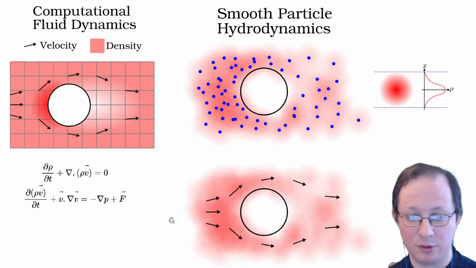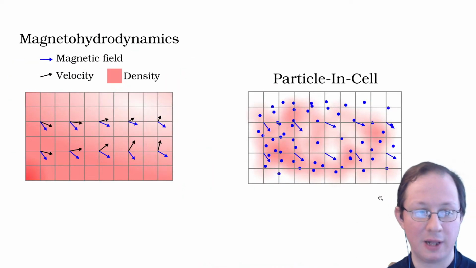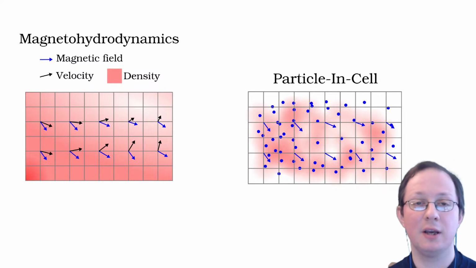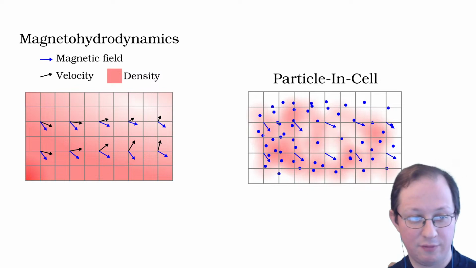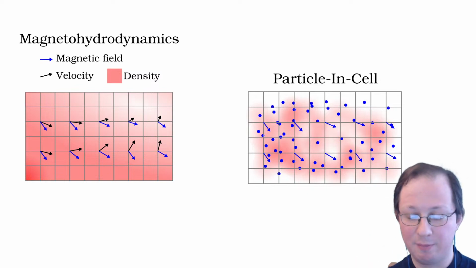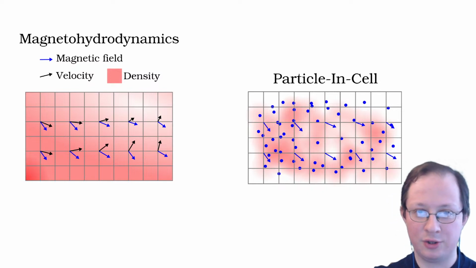Now, viewers of my channel may be interested: how does this work with a plasma? Firstly, a plasma is a fluid, so you can use any of these methods, but there's a little catch. For a plasma, there are very long-range interactions because you no longer have neutral molecules.